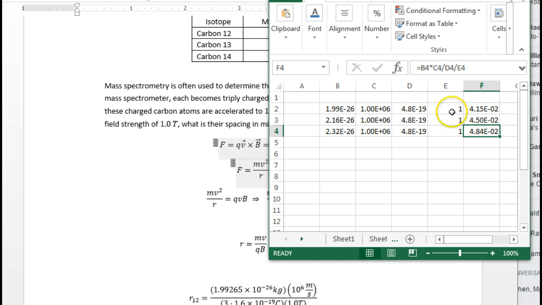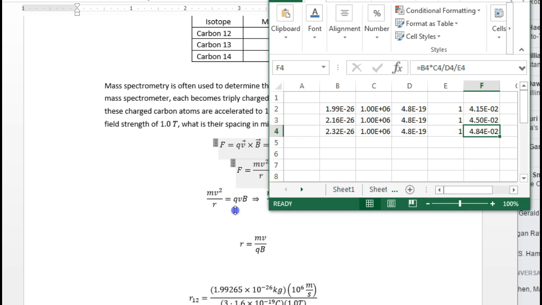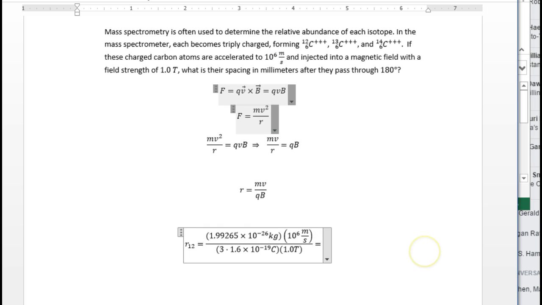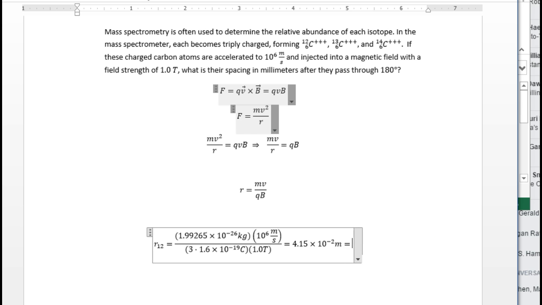Okay. So we have our answer here for all of them. For carbon 12, it equals 4.15 times 10 to the minus 2 meters, which is 4.15 centimeters.